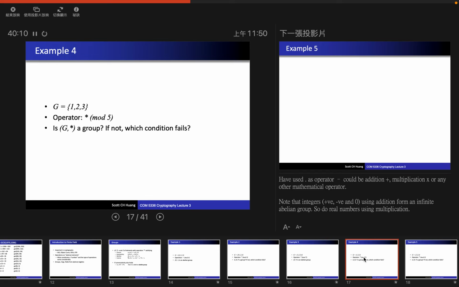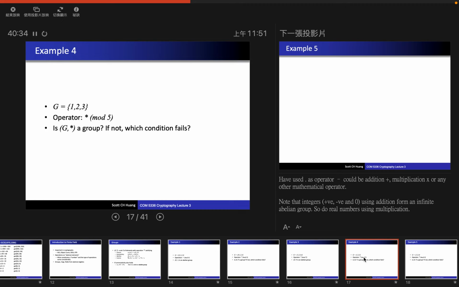Yeah, obviously it is not. Okay, 2 and 3 are inverses of each other, so it's okay. 1 is its own inverse. That is okay. But G0 fails because 2 times 2 goes out of the set. So G0 fails.